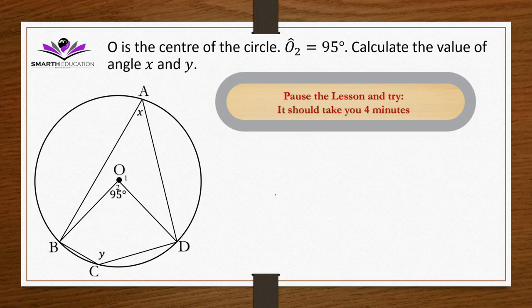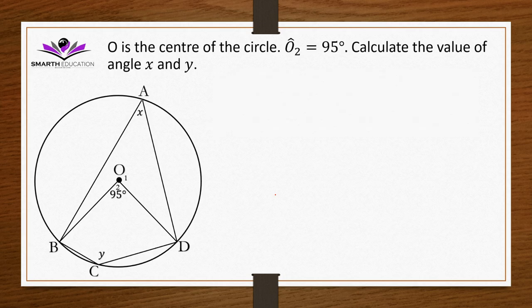Right, welcome back, learners. Did you manage to get x? What will be the value of x? x will be half of 95 here, because this is the angle subtended by arc BD at the center, and x is the angle subtended by BD at the circumference. So x is equal to 47.5 degrees. Why?